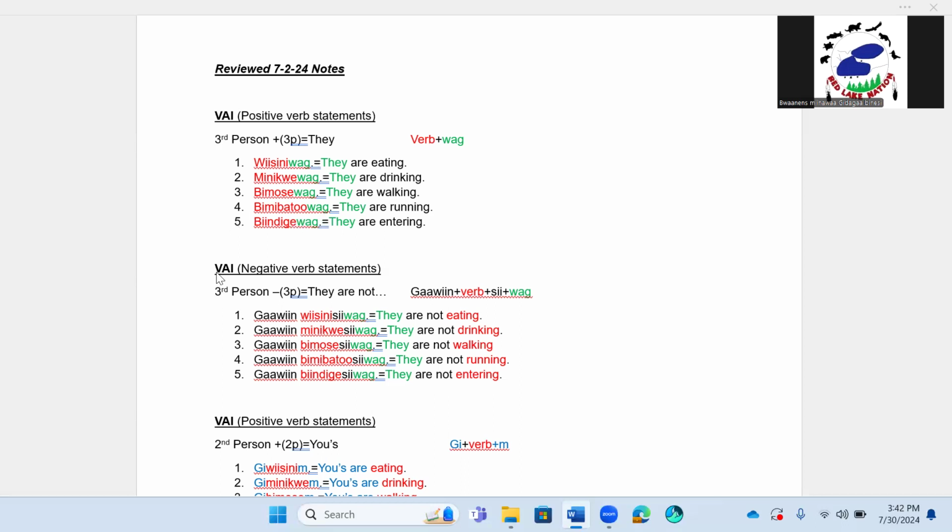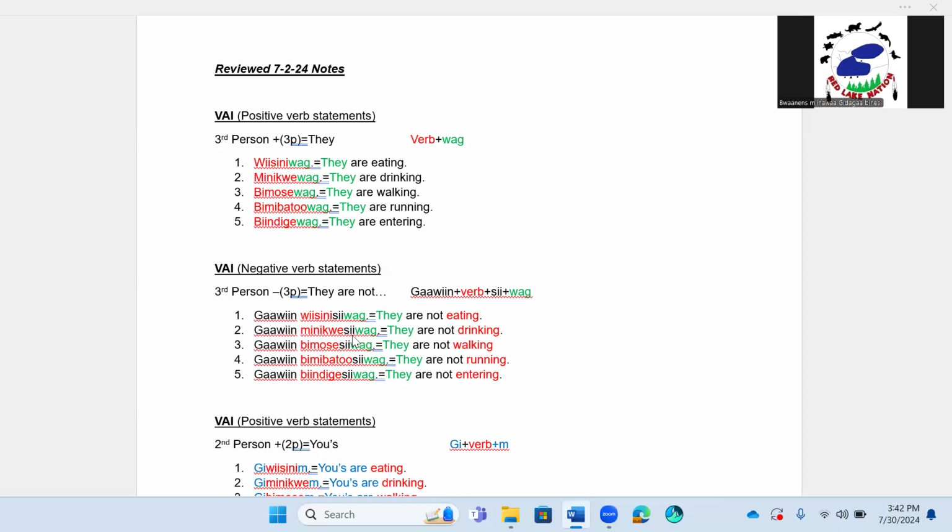Okay. VAI, negative verb statements, third person. They are not. Gawiin plus verb plus si plus wag. Number 1, gawiin wiisinisiwag. They are not eating. Number 2, gawiin minikwesiwag. They are not drinking.